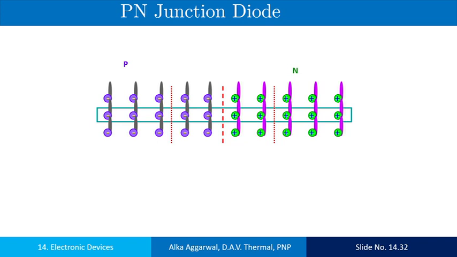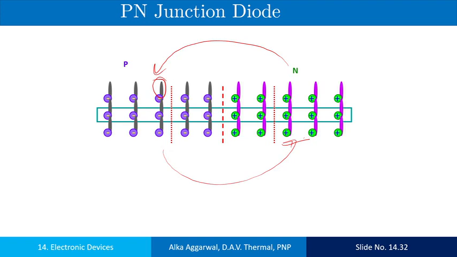As we know, in n-type semiconductors, the electrons are the majority carriers, and in p-type, the holes are the majority carriers. Due to the difference in the concentration of the charge carriers, the electrons from the n region diffuse into the p region and the holes from the p region diffuse into the n region.